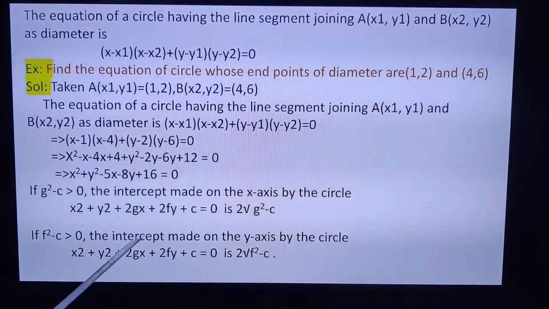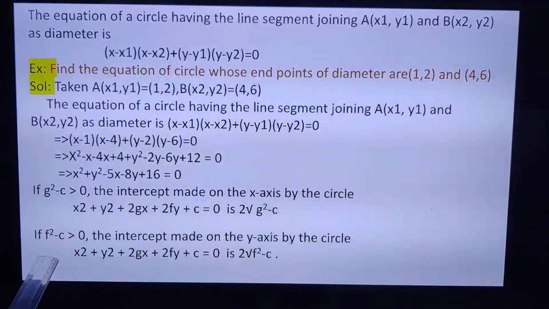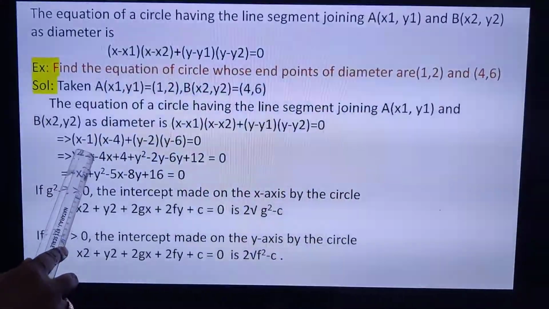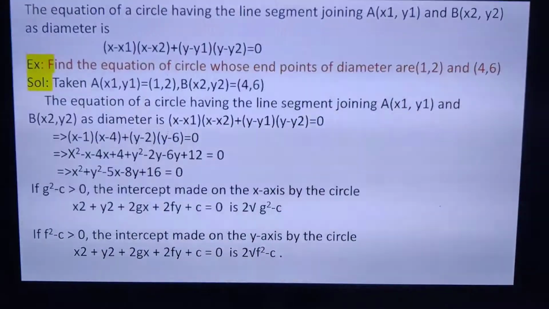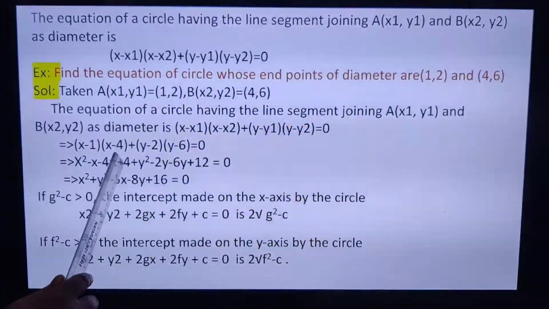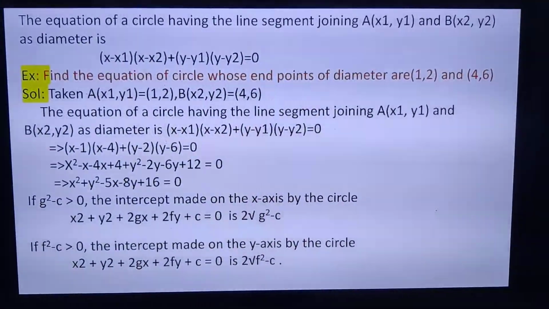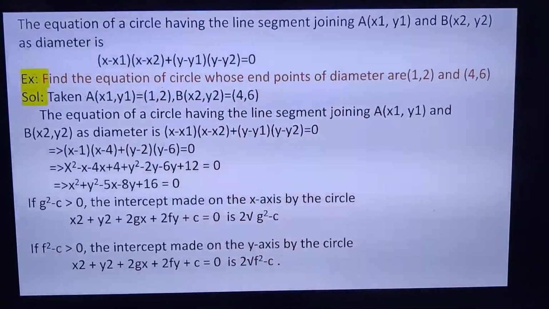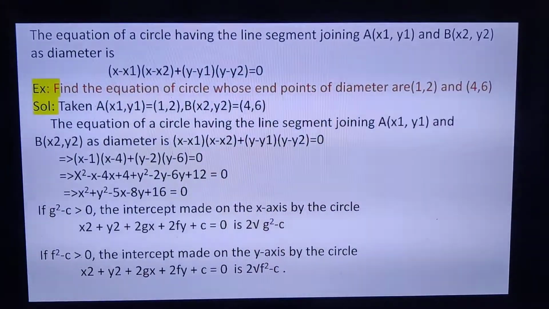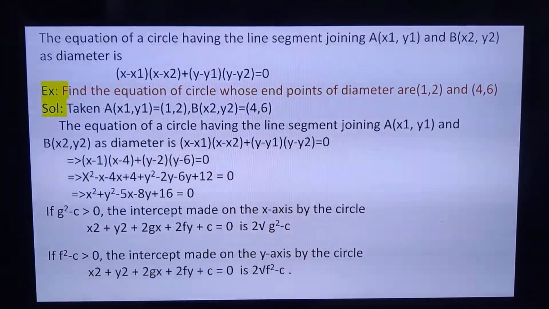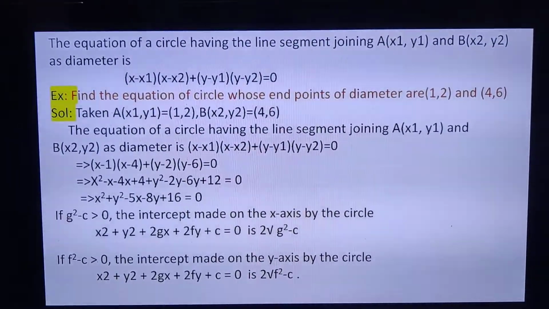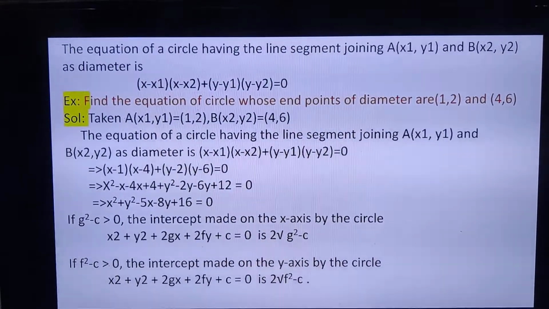We write this in the form of the general equation of the circle as x square plus y square minus 4x minus x becomes minus 5x, minus 2y minus 6y becomes minus 8y, 4 plus 12 becomes 16, is equal to 0. That is the way we find the equation of a circle whose endpoints of diameter are (x1, y1) and (x2, y2). In this also we can find intercepts made on the circle.